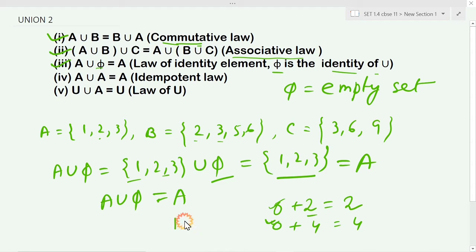Like this, if we multiply any number by 1, we get the same number. Okay. So 1 is the identity element for the operation multiplication. So here, if we calculate the union of a set A or B with phi, we get the set. So this is also an identity element. So phi is the identity element of the operation union. Okay.